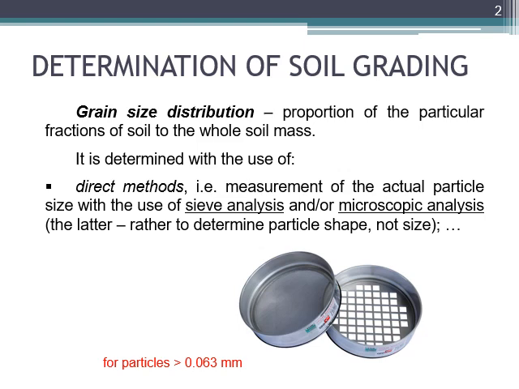You could also try to use microscopic analysis to determine the grain size distribution. However, it is not really done so. The microscopic analysis can rather be used to determine the shape of the particles, not their size.